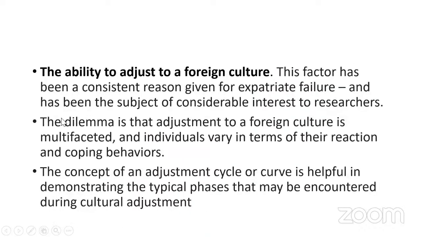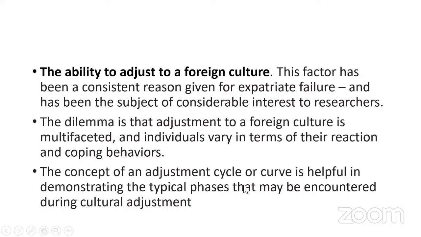Then, the ability to adjust to a foreign culture. This factor has been a consistent reason given for expatriate failure, and it has been the subject of considerable interest to researchers. The dilemma is that adjustment to a foreign culture is multifaceted, and individuals vary in terms of their reaction and coping behaviors.